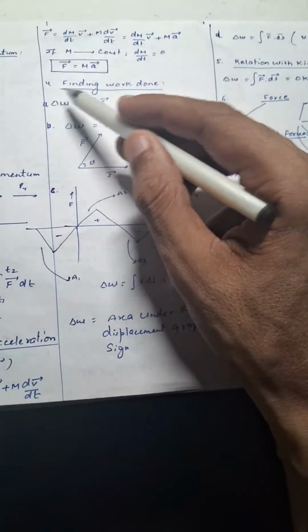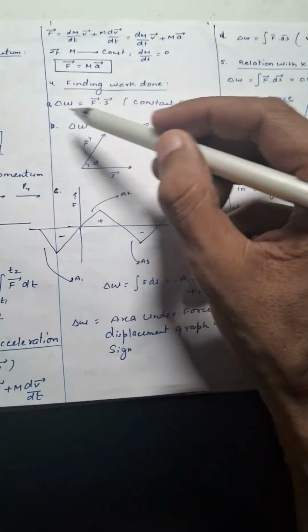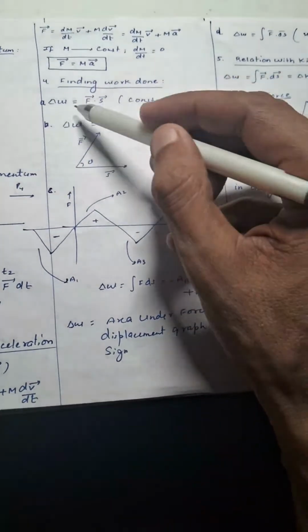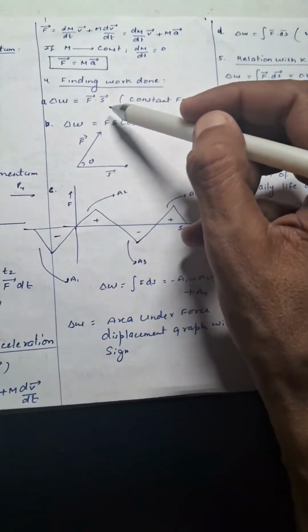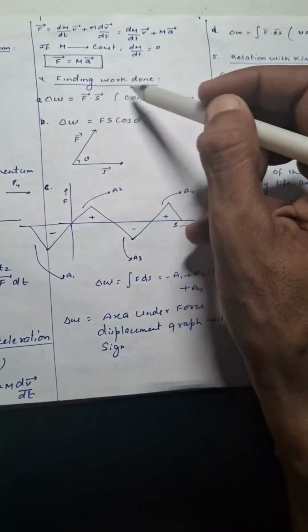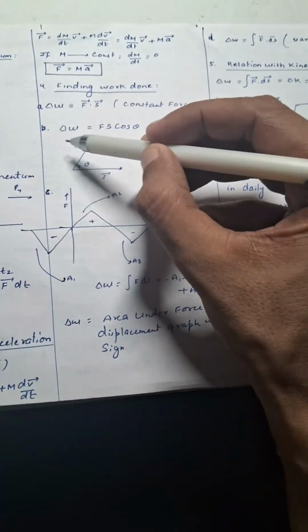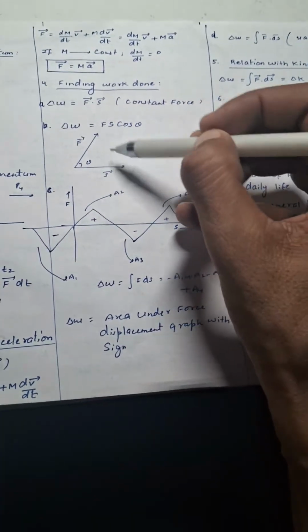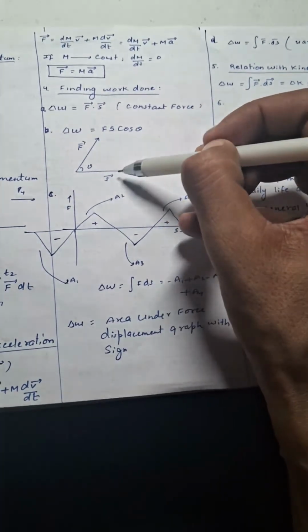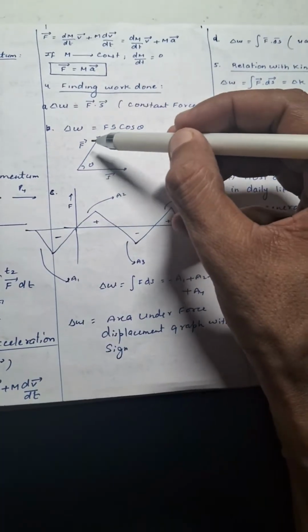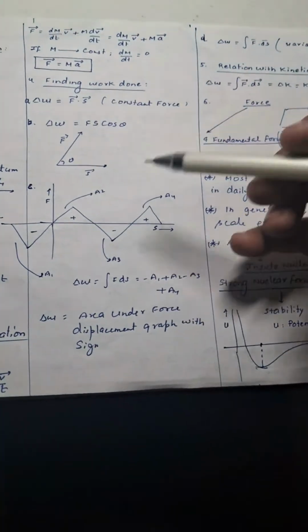Now there is another concept, finding work done. Work done for a constant force is F dot S, the dot product of force and displacement. This is another concept where force finds application. Work done can also be written as Fs cos theta, where F is the force, S is the displacement, and theta is the angle between force and displacement.